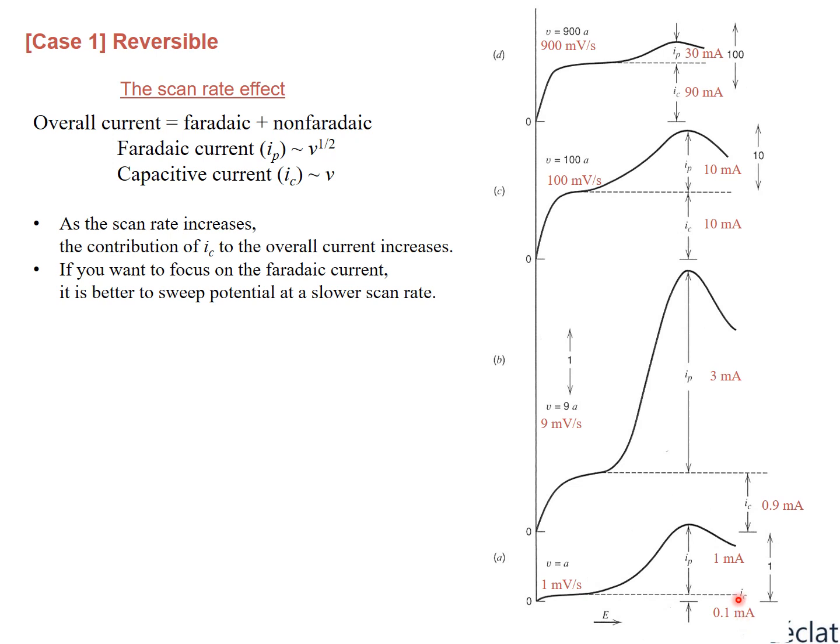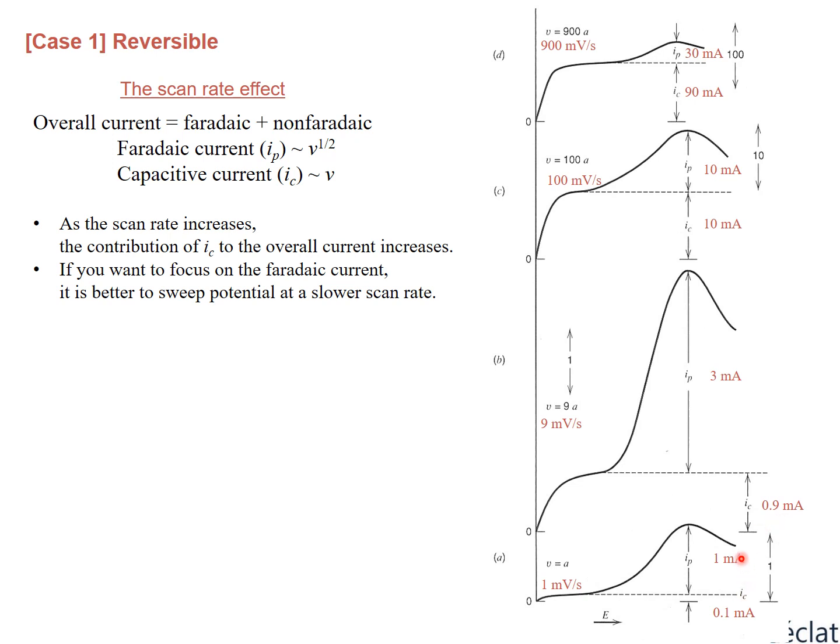And then let me increase the scan rate from 1 millivolt per second to 9 millivolt per second. It means 9x. So 0.1 times 9 is going to 0.9 milliampere.